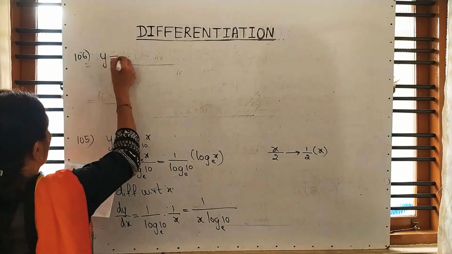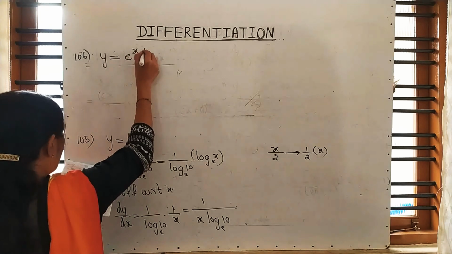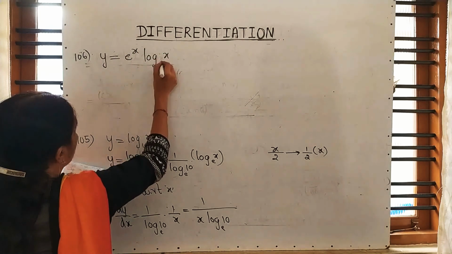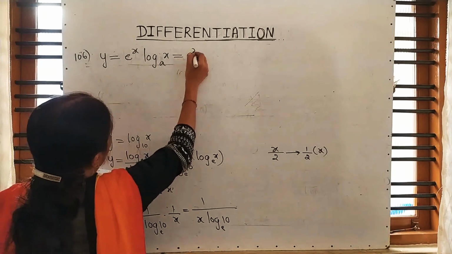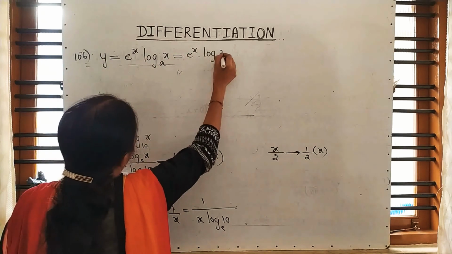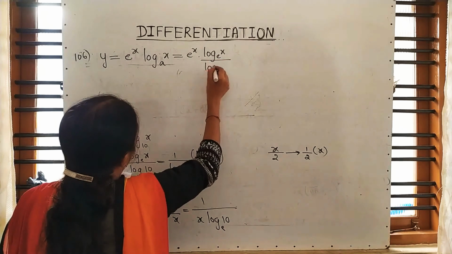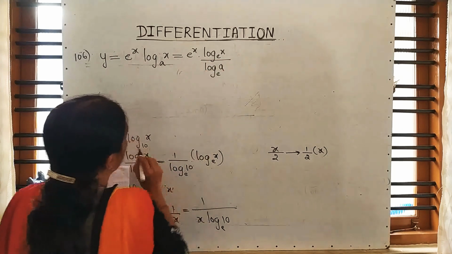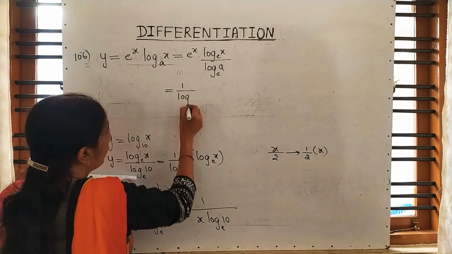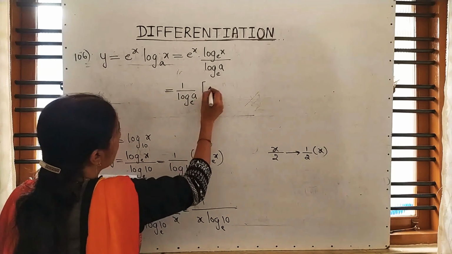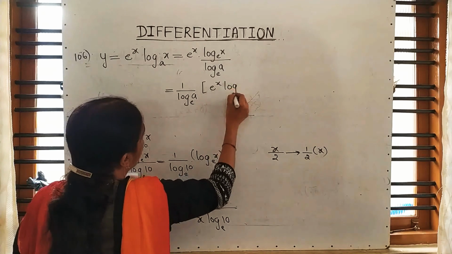y is equal to a raised to x log x to the base e. See it. First u into v. Before u into v, I wrote log x to the base e upon log a to the base e, change of base theorem. And this I wrote 1 upon log a to the base e constant, e raised to x log x.